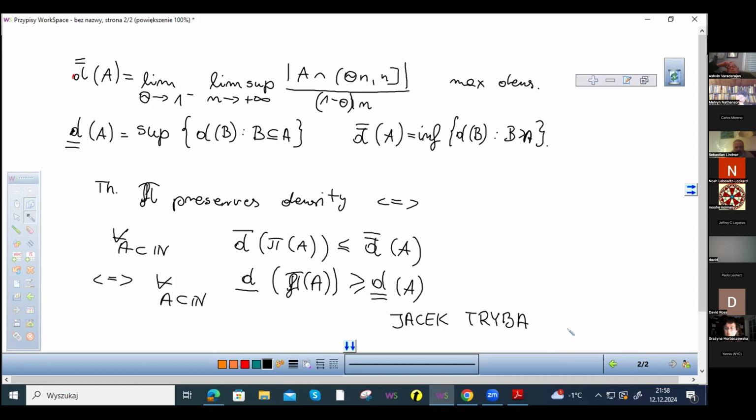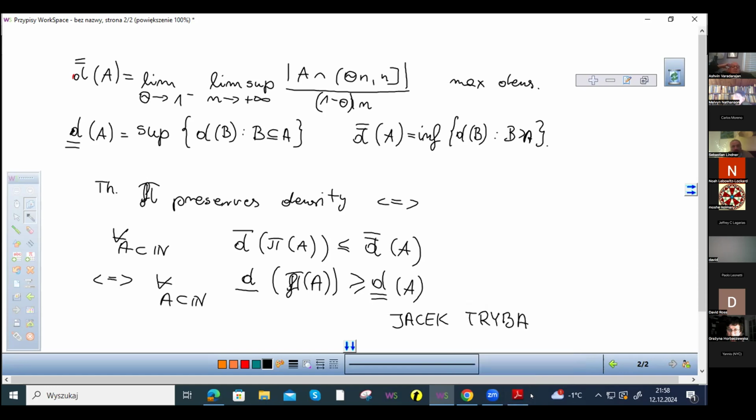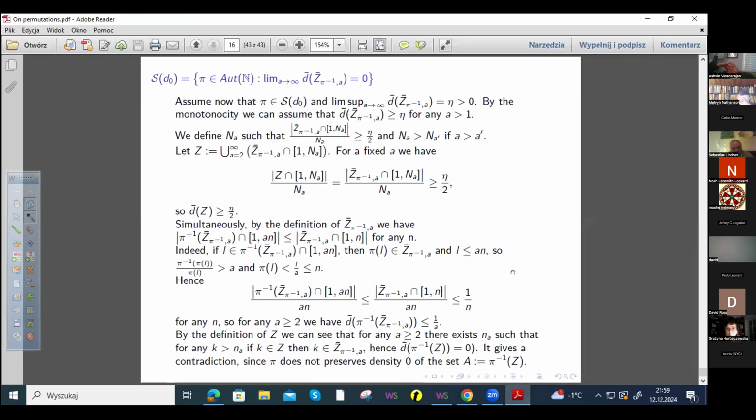Sebastian, would you like to add something? Maybe I omitted something important. Maybe I will add a small, quite easy, but maybe interesting observation: if we have a permutation that preserves density in the way that Ulam expects, then those sets Z pi alpha have to have lower density equal to 0.